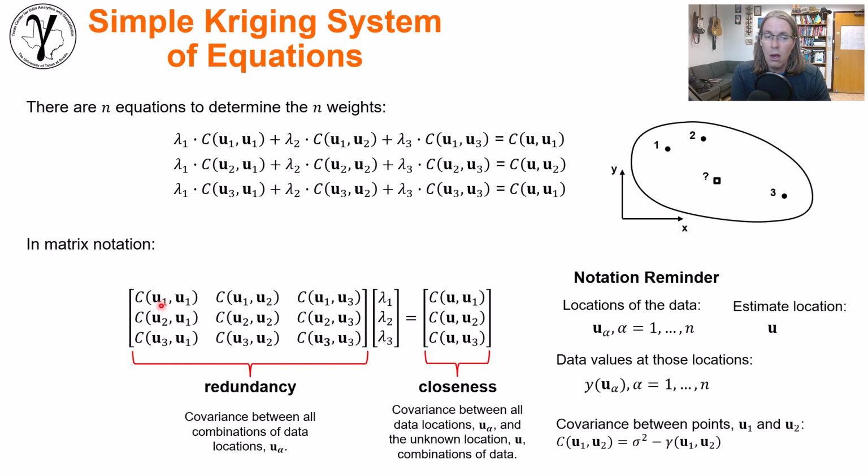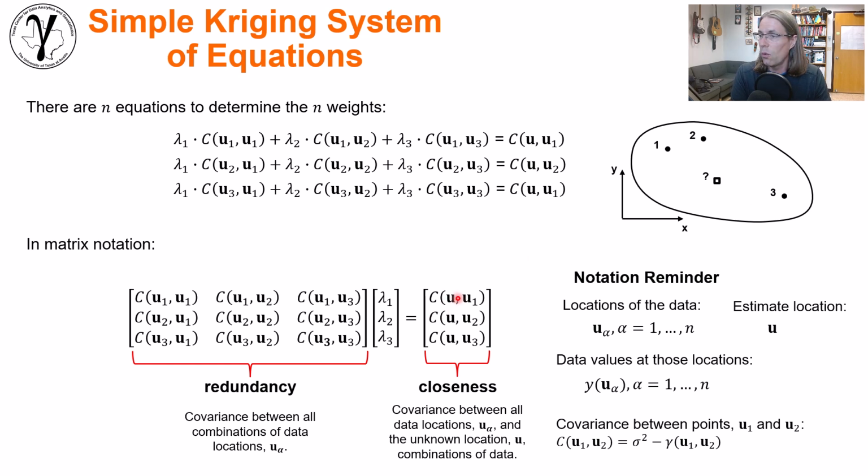And so now what we have is a left-hand side, which is the covariances between data point 1 and 1, data point 2 and 1 right here, data point 3 and 1 right here, and all of the combinatorials. So we got all the pairs of covariances between the data. This is perfectly capturing in a pairwise manner the redundancy between the data. Then what we also have on the right-hand side is the covariances between the unknown location.